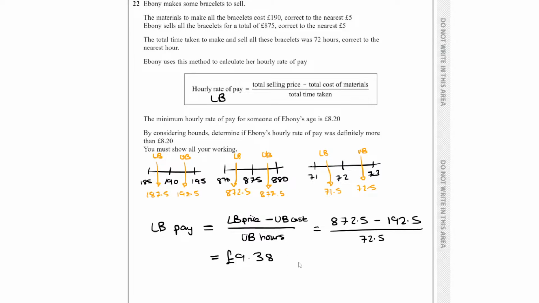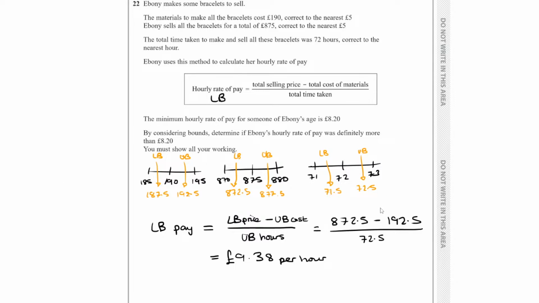Now, that's the worst case scenario, isn't it? That's the worst case, and that's still more than 820. So if you were to work out the upper bound of the pay, it would obviously be more than 938, wouldn't it? Because that's the upper bound. So that's obviously implied it's more than 820. So in this case, you actually didn't need to work out both. I think when I did it originally, I did work out both, just because it told me by considering bounds.